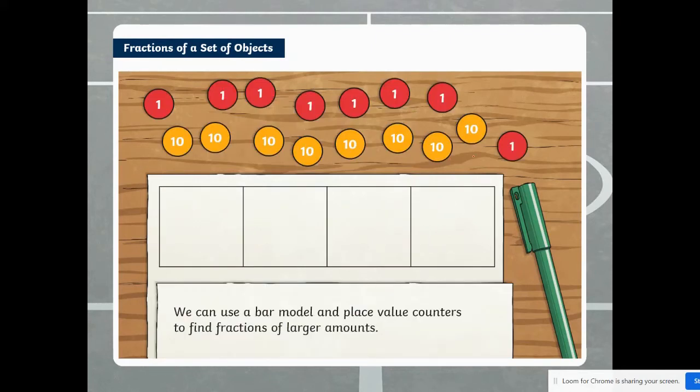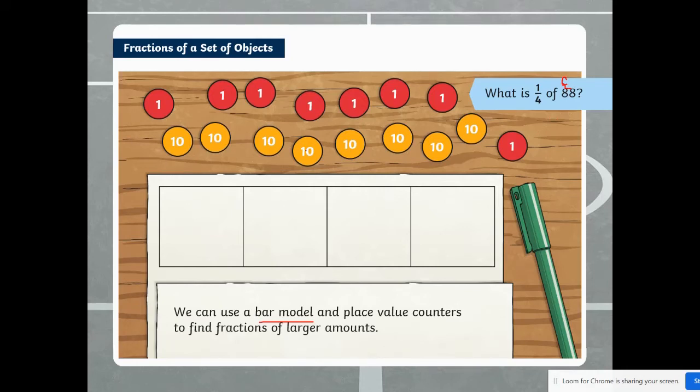Now here's another question. Again, we are going to use the bar model and the place value counters. Now here we have a large amount. Alright. We have to find quarter of 88. Now this is, say, the amount of pounds I have with me.